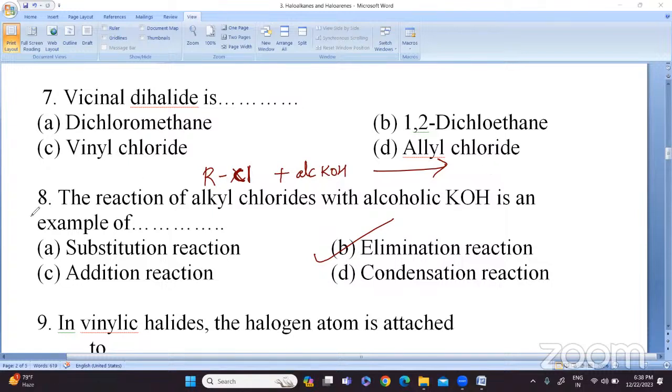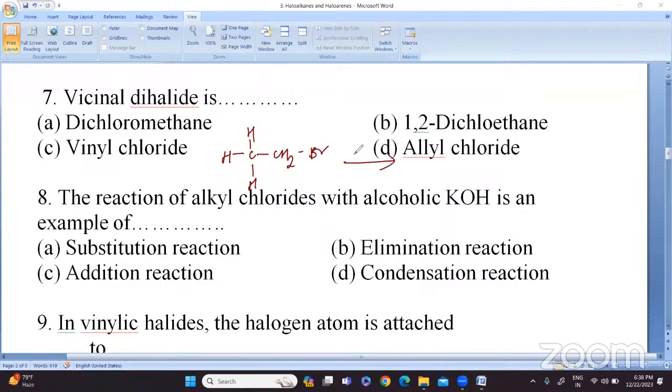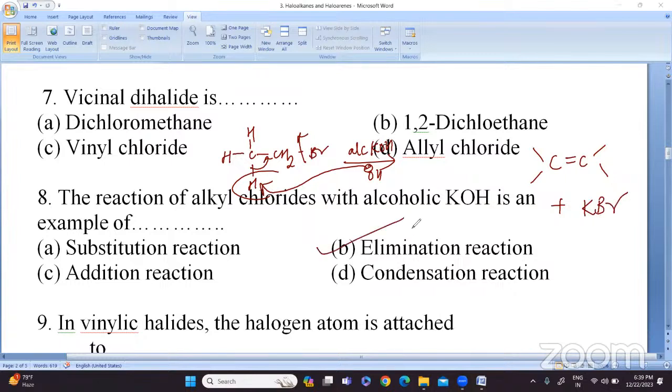If I take the example of CH2Br, and react it with alcoholic KOH, the OH will abstract this hydrogen. In turn, it will undergo a beta elimination and form a carbon-carbon double bond, plus HBr is eliminated. So this is a beta elimination reaction.